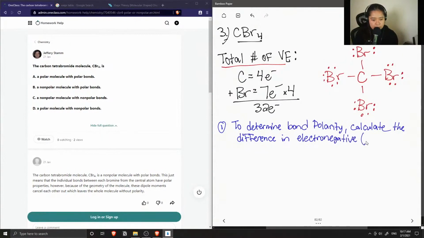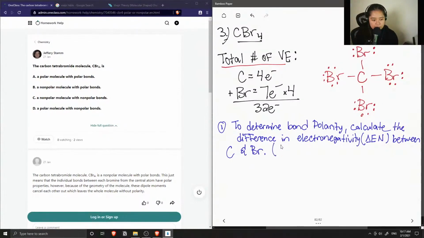This can be shortened as delta EN, the difference in electronegativity between carbon and bromine.